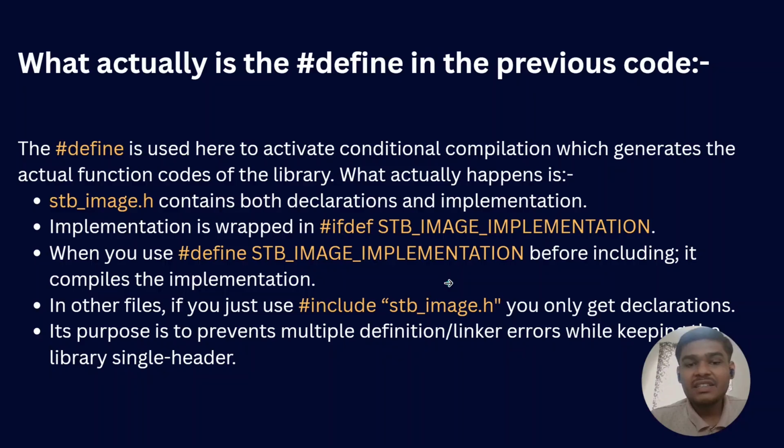Instead of making multiple files, declarations and code, which gives some errors while linking and all that, it mixes everything in a single file and wraps the implementation in an #ifdef, which can be activated by this #define, and then we can get ahead with this.